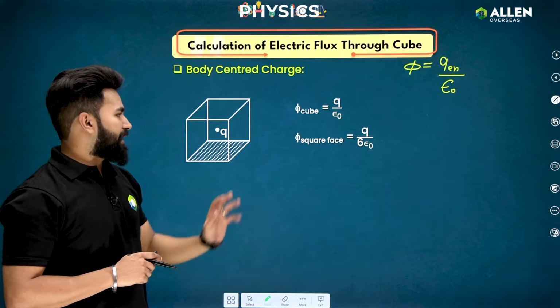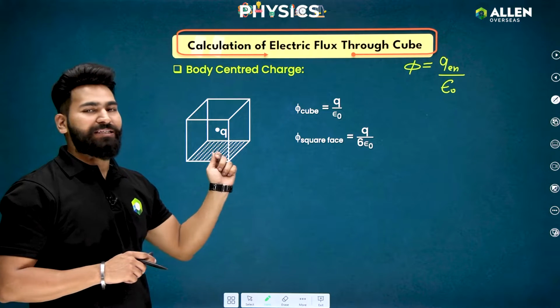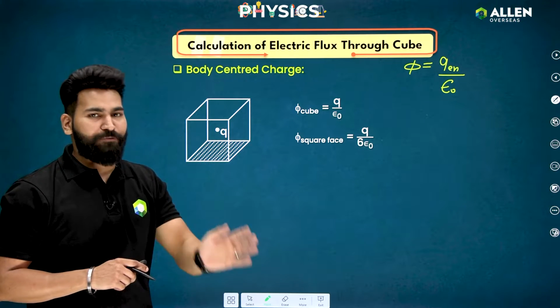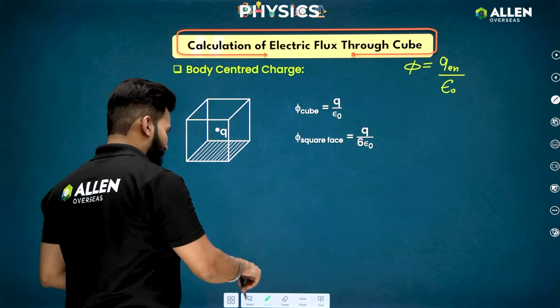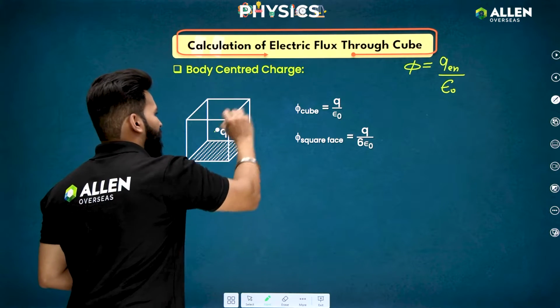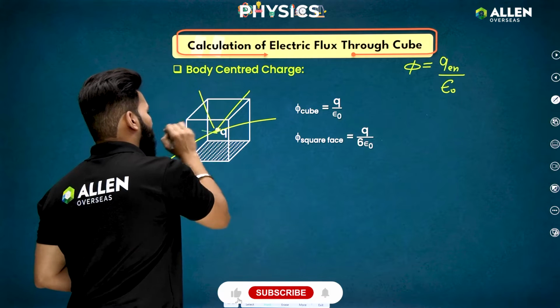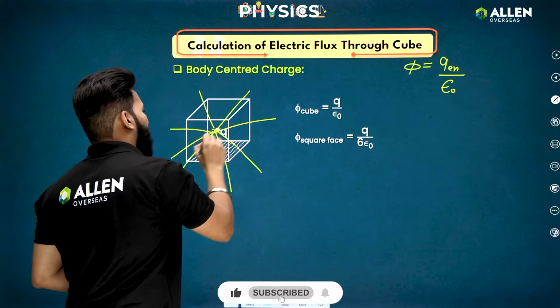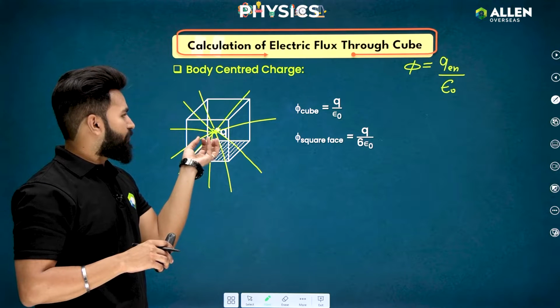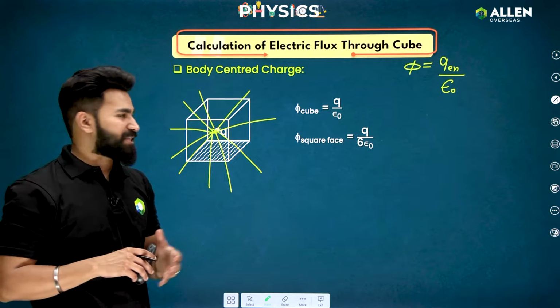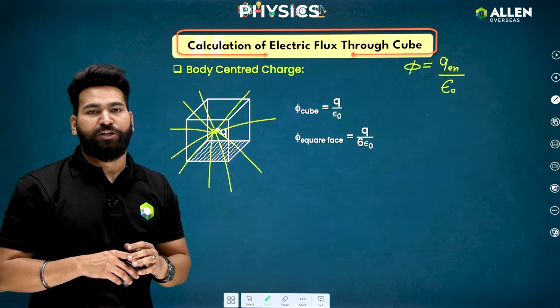Now, on the other hand, if somebody asks me to calculate the electric flux through just a particular face of the cube, as we can see over here, whatever the electric flux from this charge particle, those electric field lines will be passing out equally from all the surfaces because the charge is at the exact center of the cube.